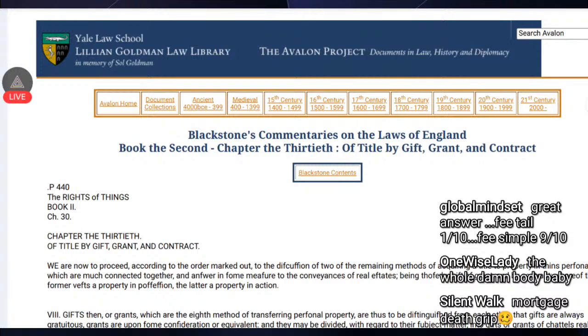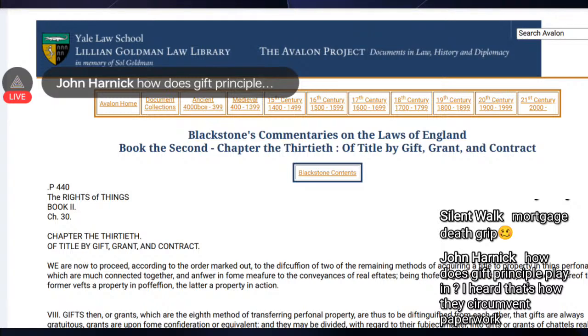So this is Blackstone's Commentaries on the Laws of England, Book 2, Grant and Contract. We are now to proceed, according to the order marked out, to the discussion of two of the remaining methods of acquiring title to property and things personal.